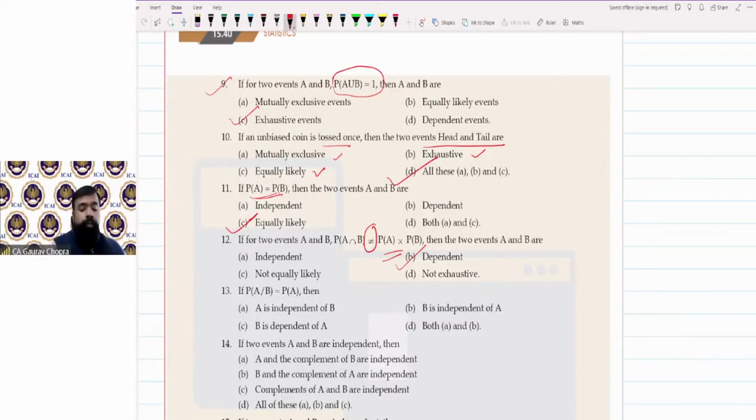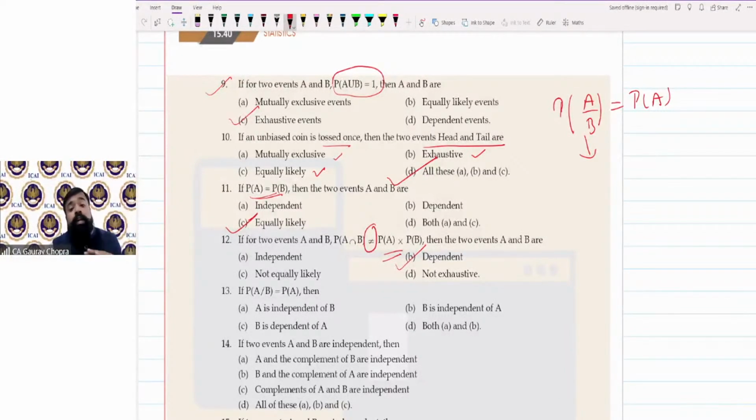13. P(A/B) is equal to PA. If they are equal, it shows that events A and B are independent. Because what does A by B mean? Probability of event A when event B has already occurred.